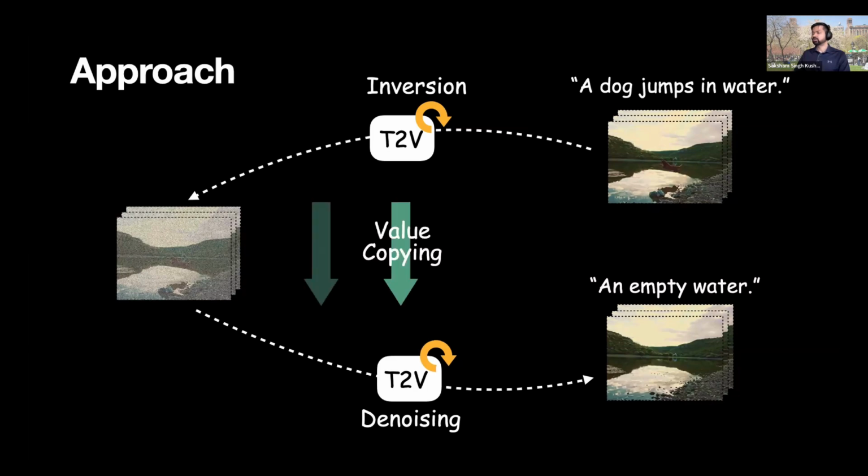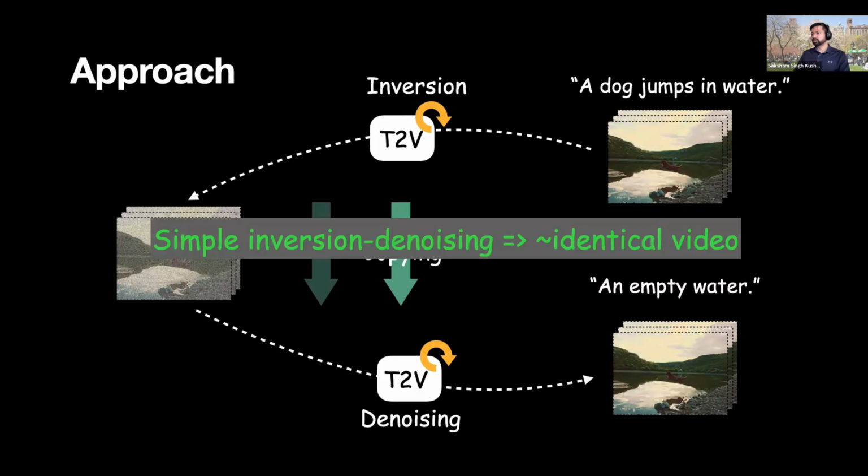Also, since we want to reconstruct the video itself, we copy some intermediate attention values of the model. Though this approach seems to work in simple editing tasks or stylization for images or videos, we found that this simple inversion and denoising cannot remove the object and essentially gives us an identical video itself.